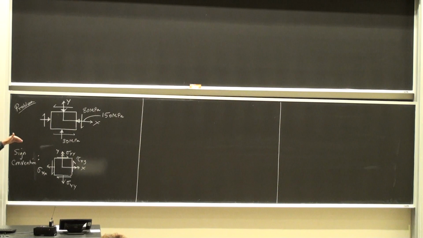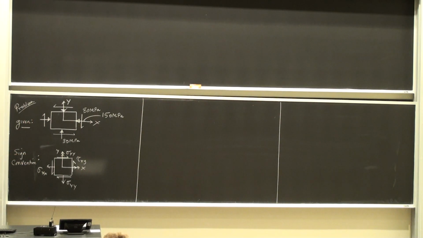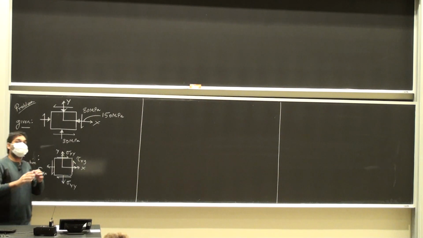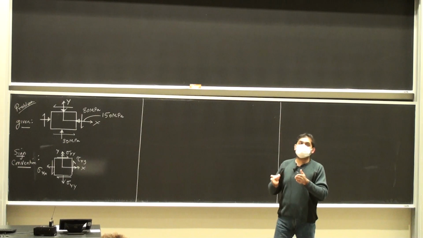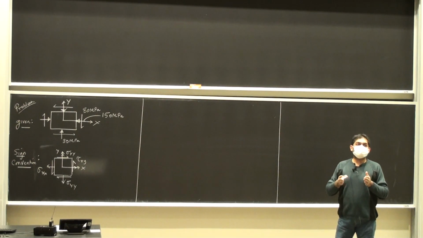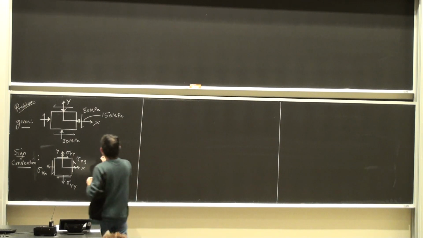And based upon the comparisons between the given problem, so this is the problem given, and here is the sign convention. You can obviously see that all these stresses have been flipped. So sigma xx is minus 150, sigma yy is minus 30, and tau xy is going to be minus 80. So compare.